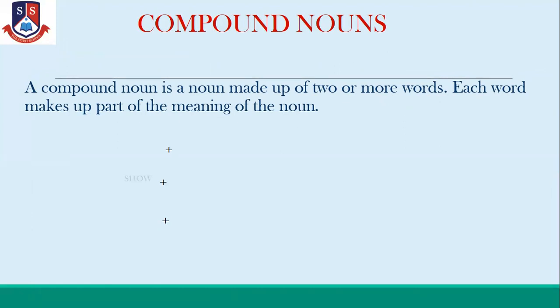Let's see some examples. For example, the word snow is a noun itself, right? A proper word. And if we write another word, flakes, with it, these are two different words, snow and flakes. But if we write these two words together, then it makes a compound noun of one word, and that is snowflakes.